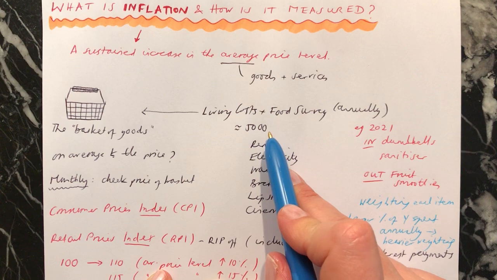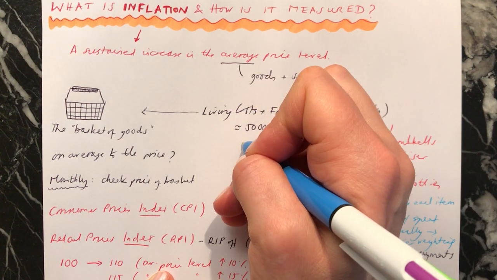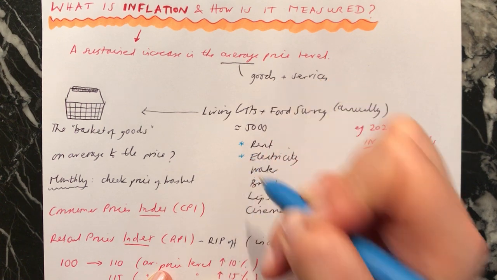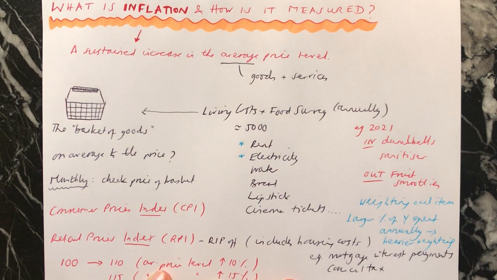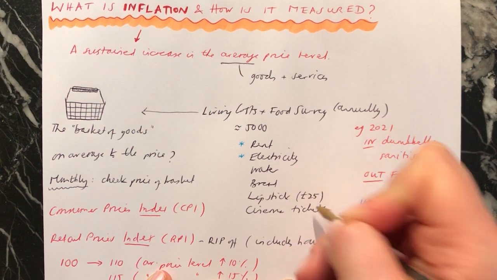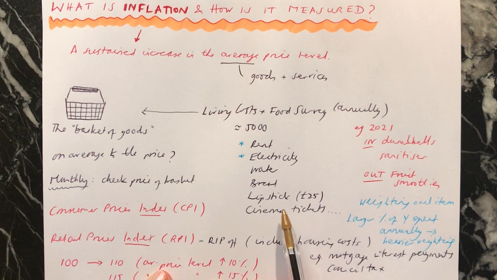So you can see on here, for example, that rent is going to have quite a heavy weighting. Electricity will have quite a heavy weighting. Something like a lipstick, let's imagine, even if it was a very expensive one, and it was £25, this would only have a very small weighting in the basket, because over a year, only a very small percentage of income is spent on lipstick.